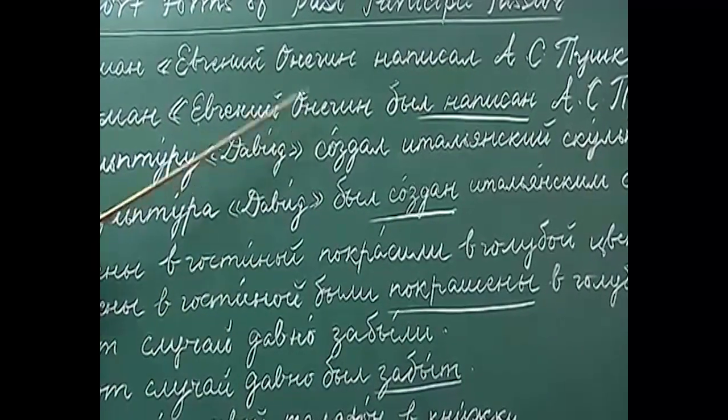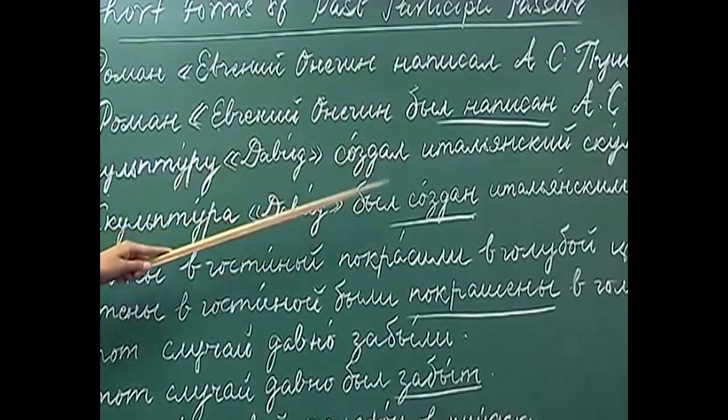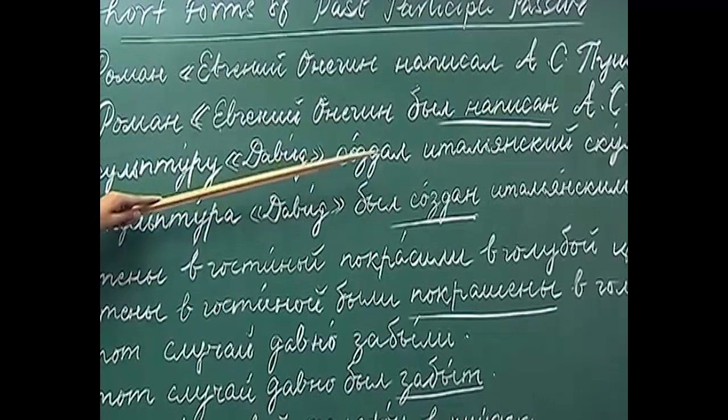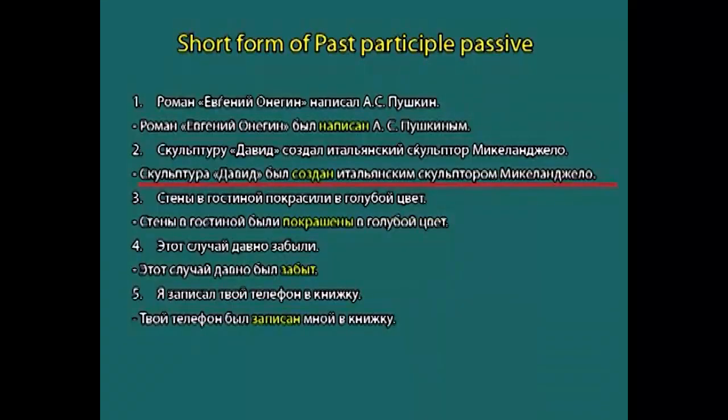Now how do you change this active construction into passive using the short form of the passive participle derived from this verb? Sculptura David bil sozdan italianskim sculptaram.